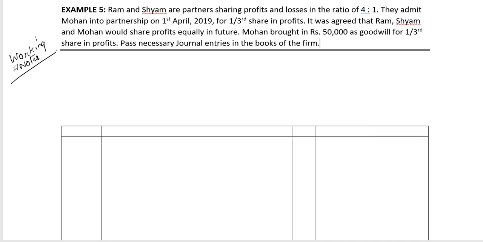Working notes. Mohan's share of goodwill is rupees 50,000. We need to calculate the sacrifice ratio. Let's do that.